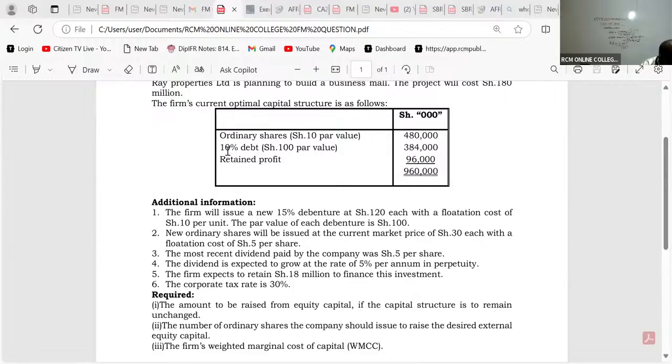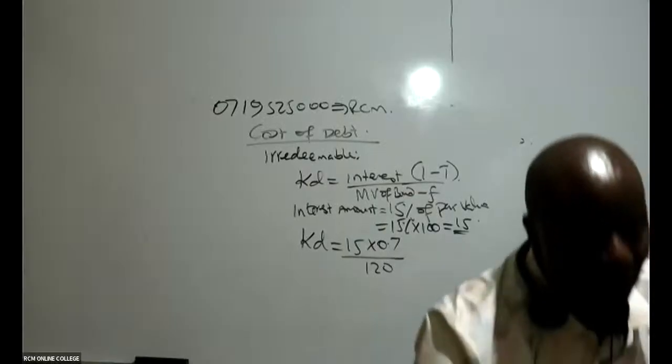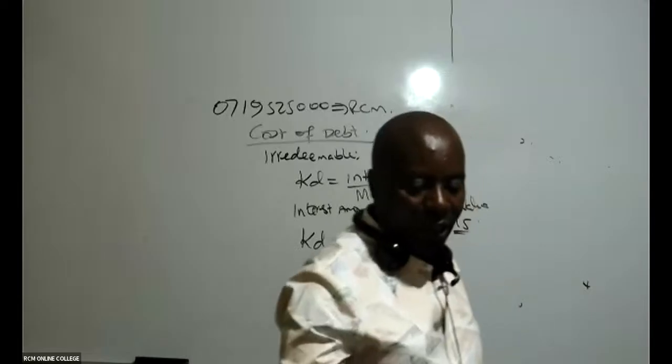What are we looking at? We're looking at new finances, because we want to build a new project there. And in this new finance, we are told the firm will issue a new 15% debenture. Thank you for asking the question.